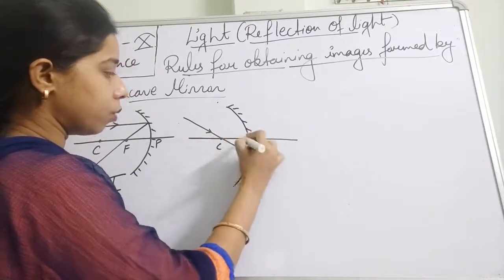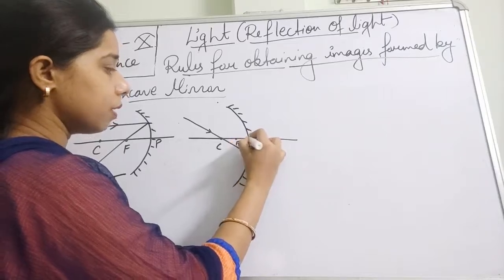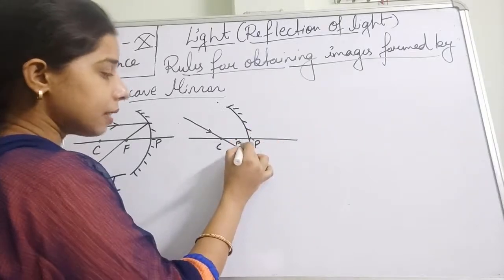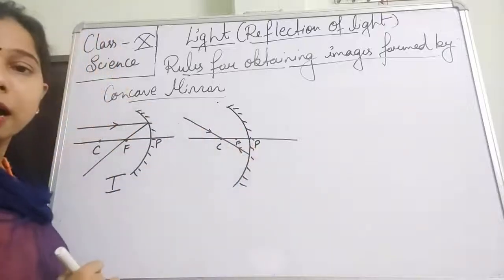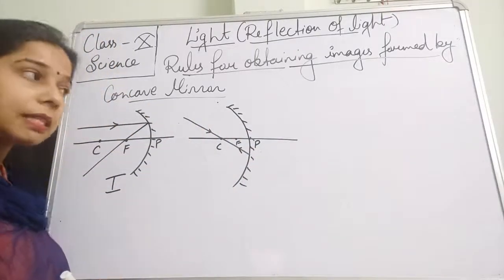This is the center of curvature, this is focus and this is pole. So if it passes through the center of curvature, again it will go back along the same path.